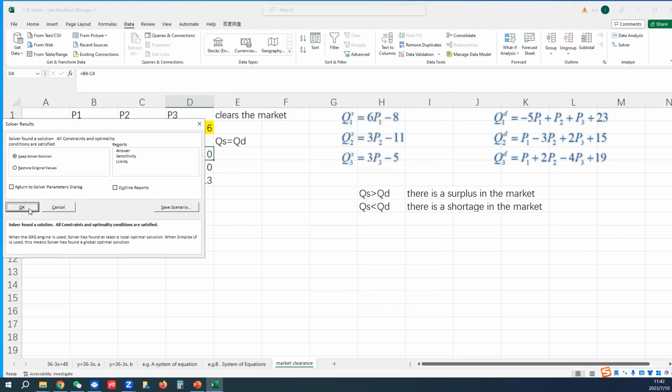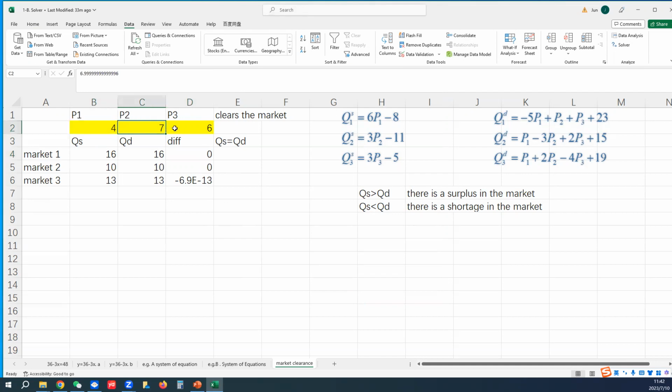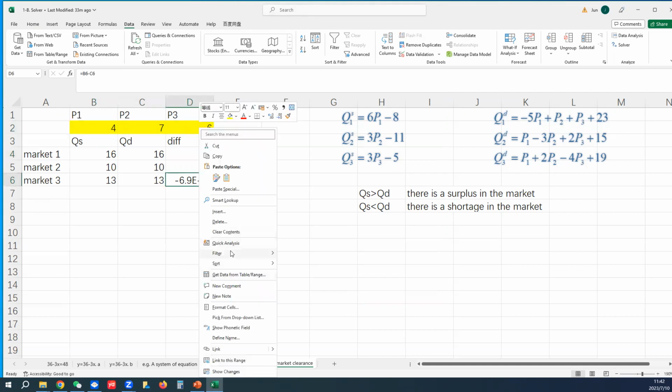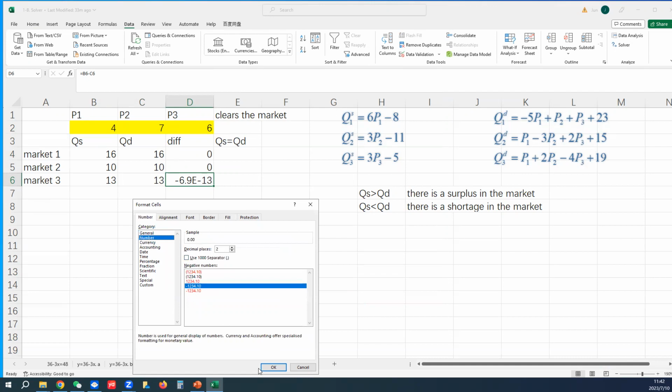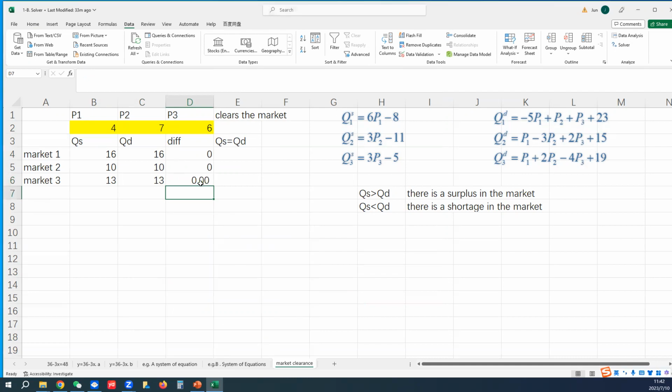And then hit solve to solve the result. The 476 is the result. So here, say if you're not comfortable with those minus E or whatever, you can change that into decimal points by changing the format of the cell. But here, you can also report the equilibrium quantity of market 1, which is 16, equilibrium quantity of market 2, which is 10, equilibrium quantity of market 3 which is 13. So you have everything.